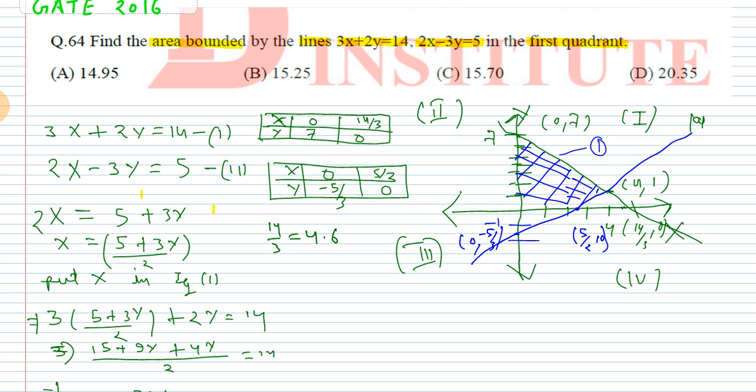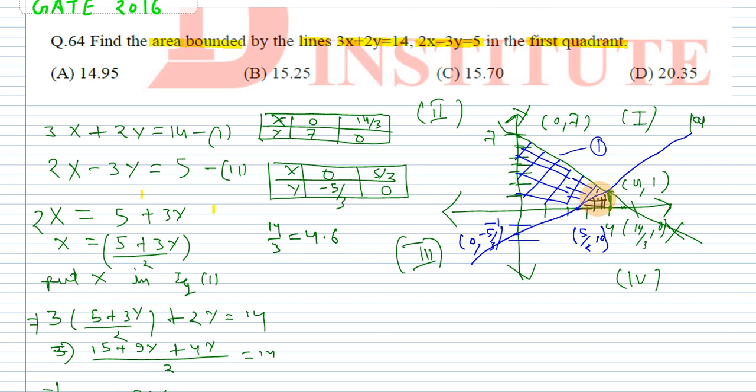So what we can do is find the area by integration. If we are finding the area under this curve, if we integrate from 0 to 4, then the area under the curve from 0 to 4 means this area also gets included, and this area will also be getting included.